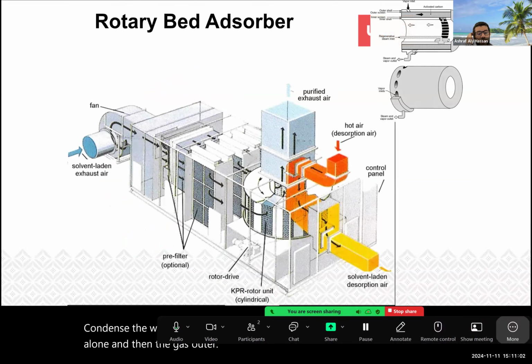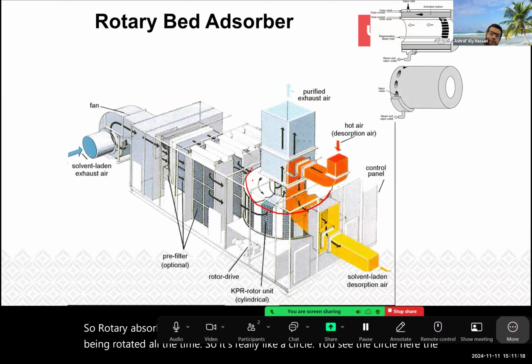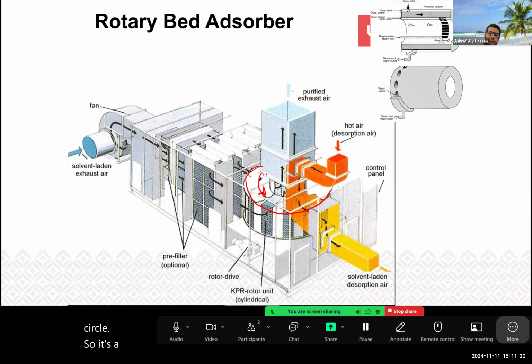So rotary bed adsorber, this is a very interesting concept, in which the adsorbent is being rotated all the time. So it's really like a circle. You see this circle here? So it's a rotation, and it keeps rotating.